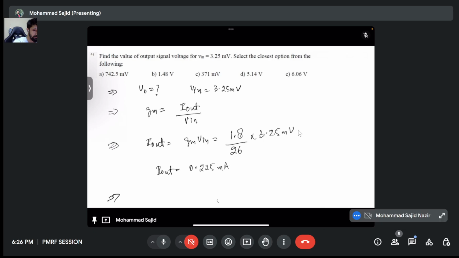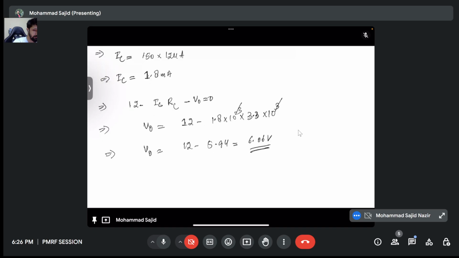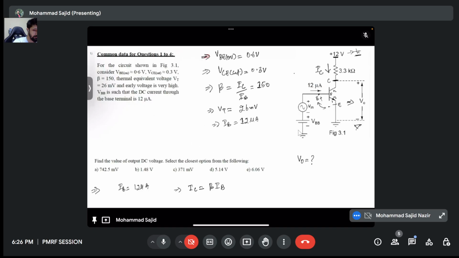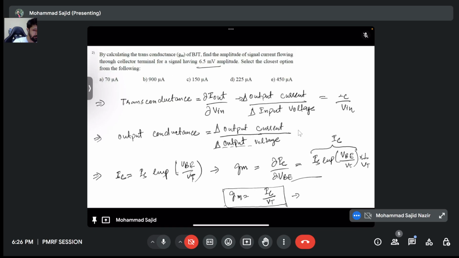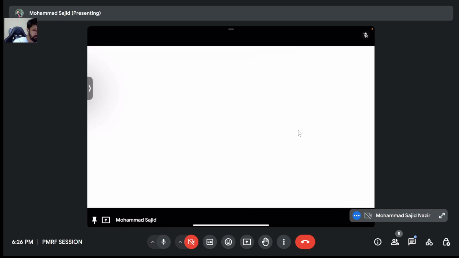Now V output will be simply, as I said here, the DC 12 volt will be grounded. So my V out will be simply IC, that is output current multiplied by 3.3 kilo ohm. It will be easier in the next questions when we draw the equivalent circuit.